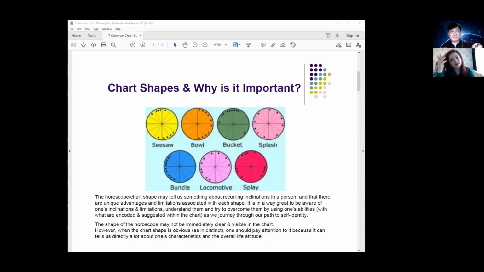And it can also help to uncover overall life attitudes.